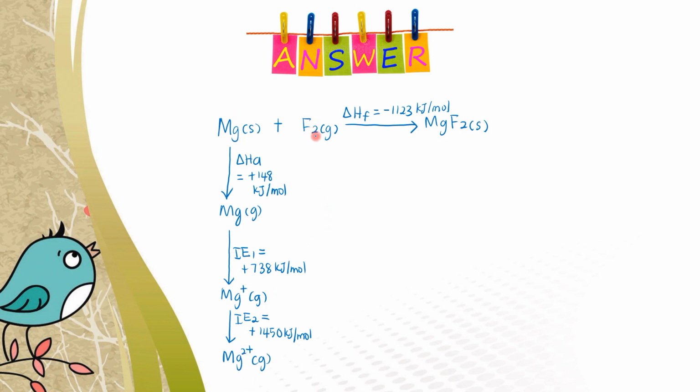And then we move to the non-metal, which refers to F2 gas. First it undergoes atomization to produce F gas, and this is not balanced yet. When referring to this equation, this is 1 mole of F2 gas, so it should have 2 moles of F atom.